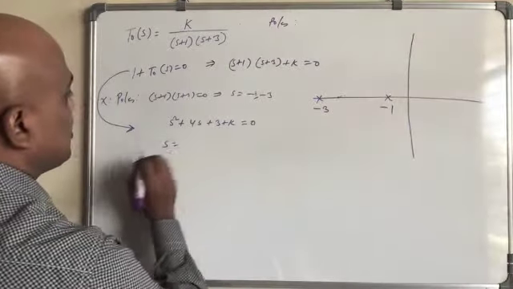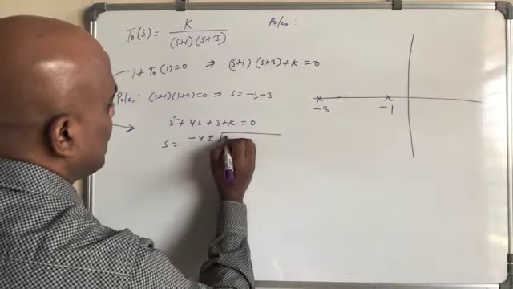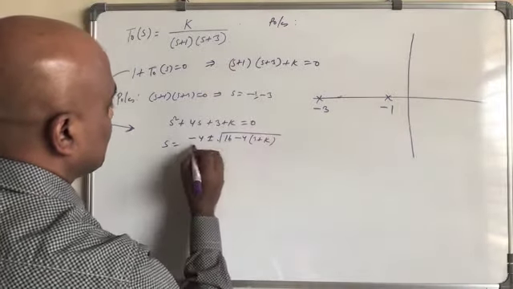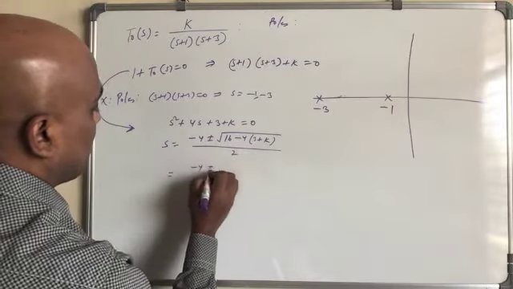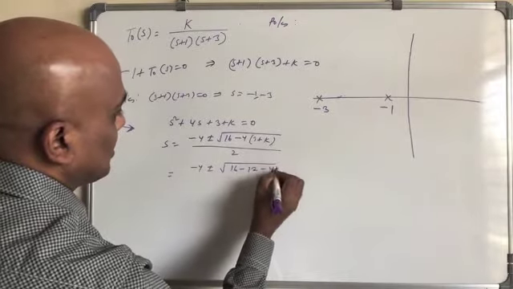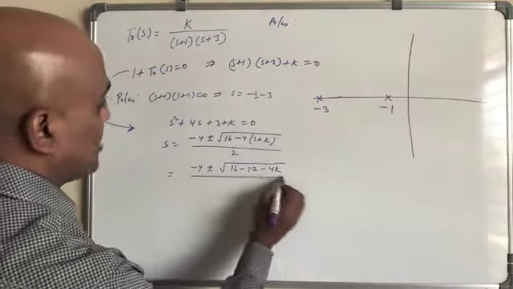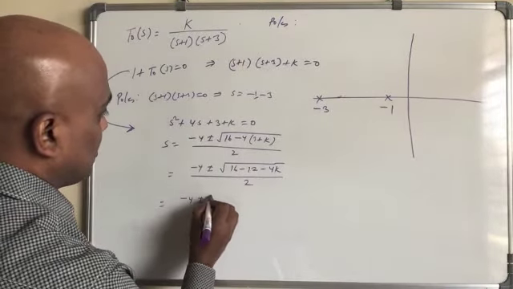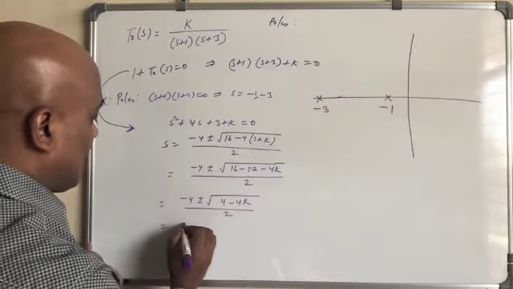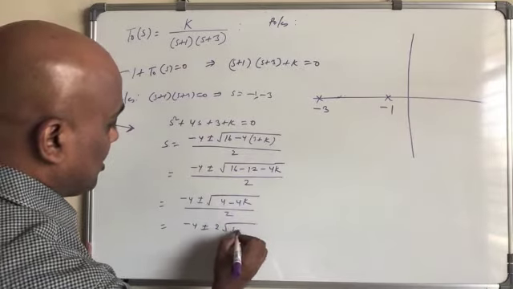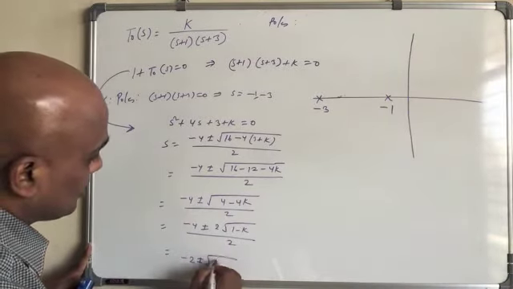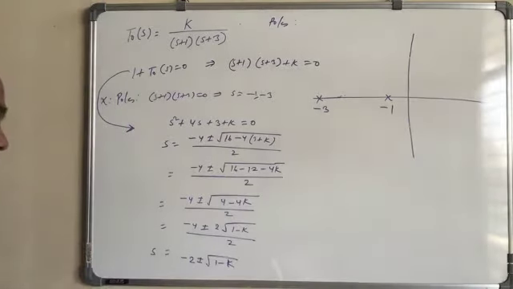Then S equal to minus b plus minus root b square minus 4ac, by 2, which is equal to minus 4 plus minus root 16 minus 12 minus 4K, divided by 2, which is equal to minus 4 plus minus root 4 minus 4K divided by 2, equal to minus 4 plus minus 2 root 1 minus K by 2, equal to minus 2 plus minus root 1 minus K. So this we get.